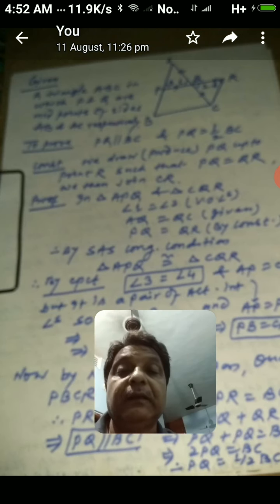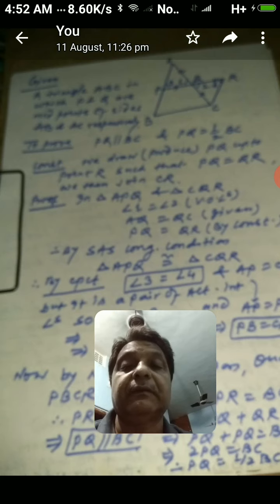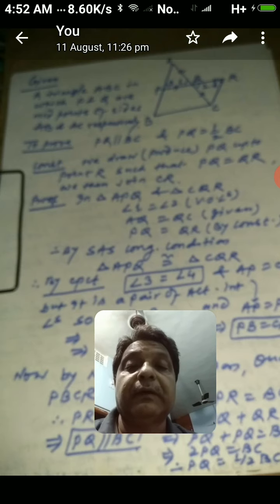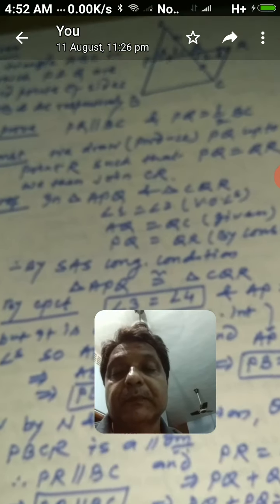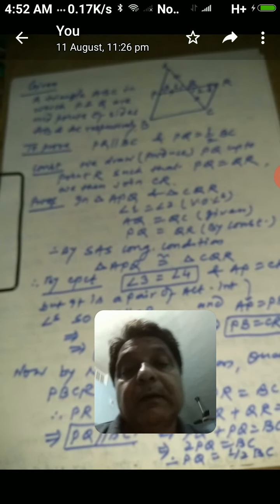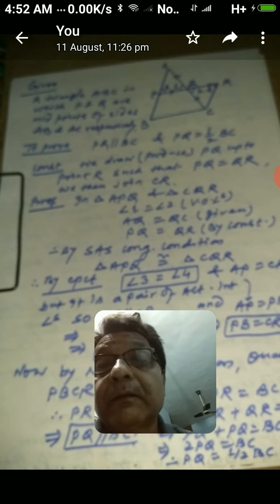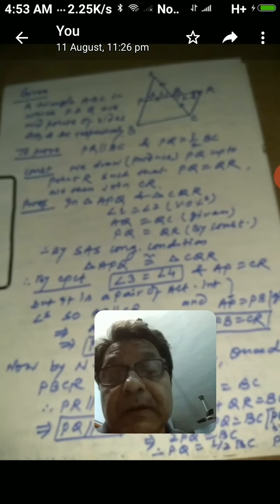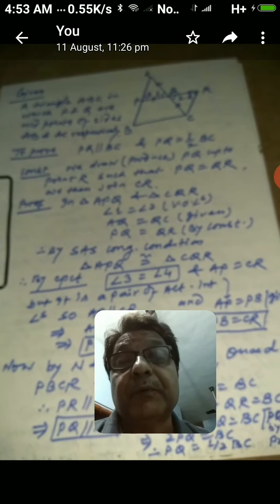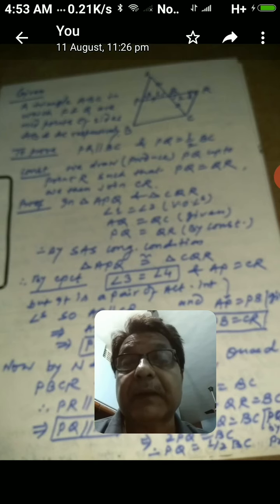As you see in the given figure, a triangle ABC is given where P and Q are the midpoints of its sides AB and AC respectively.